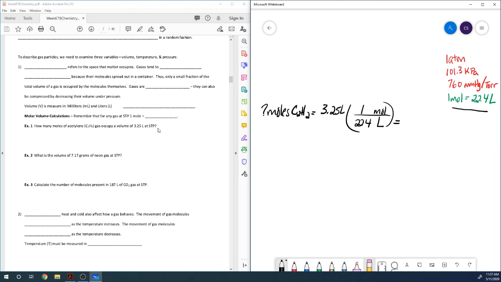So it should be 3.25 divided by 22.4, which is 0.145 moles C2H2. Sorry, I'm writing really crooked. Good. We'll talk about this molecules one.